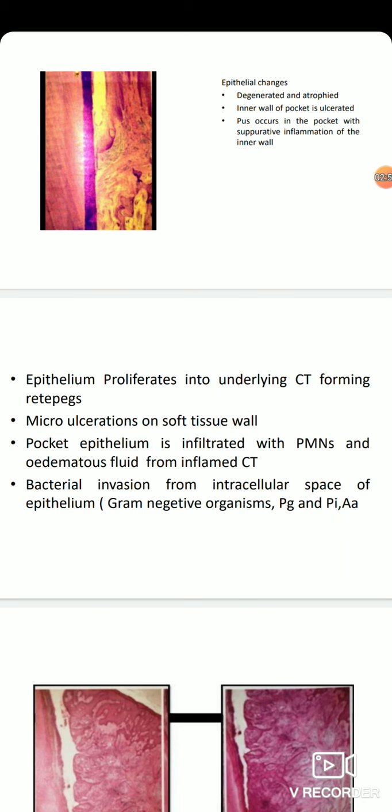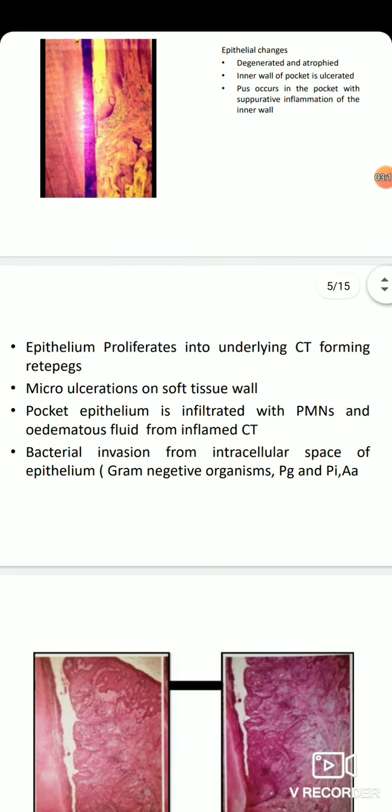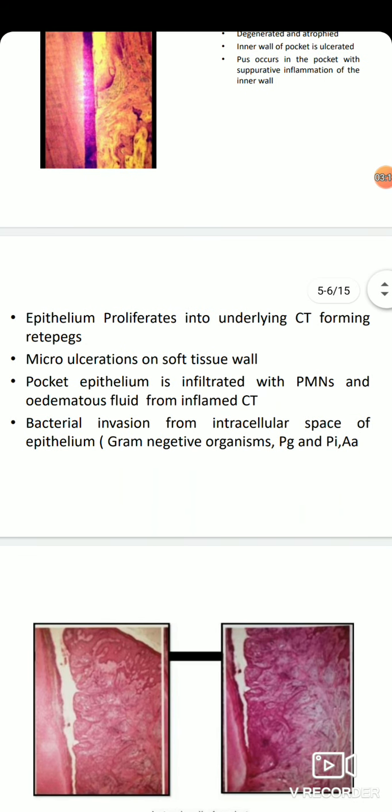One more thing you can notice is bacterial invasion from the intercellular space of epithelium. Generally gram-negative organisms like PG and PI, Porphyromonas gingivalis and Prevotella intermedia, and AA can invade into the soft tissue intercellular spaces.